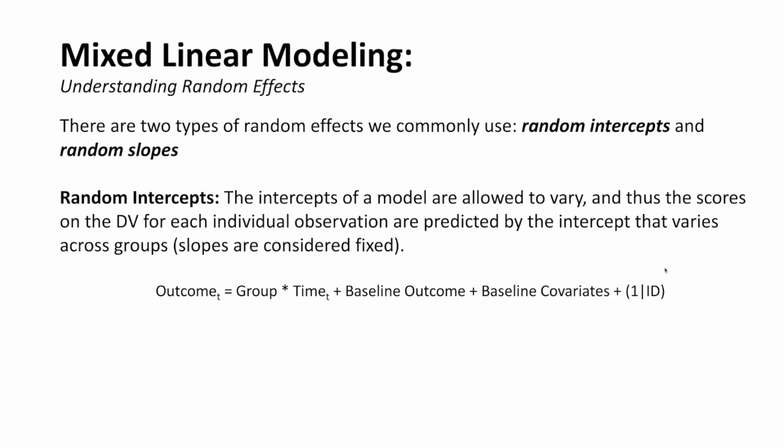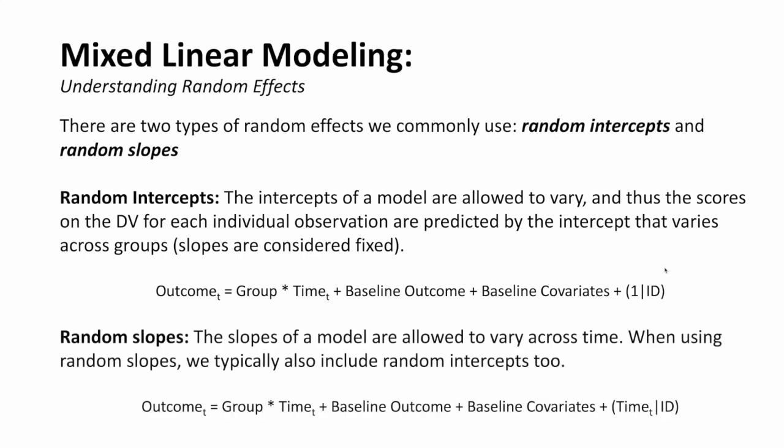So the way that we do this is, again, with that one given ID term. And that's going to provide us with that random intercept, meaning each individual is going to provide their own intercept for this model.